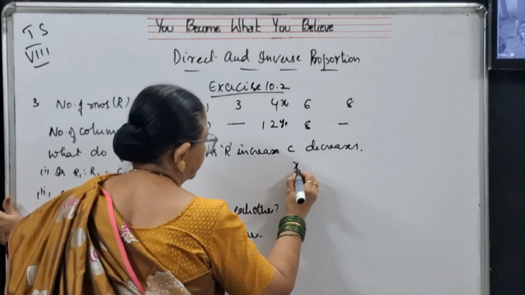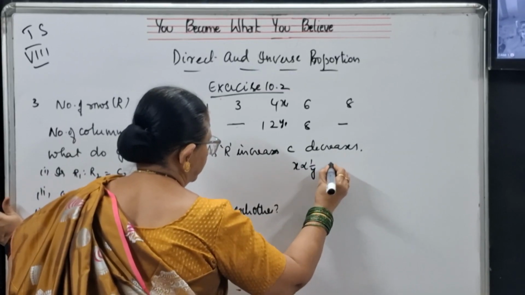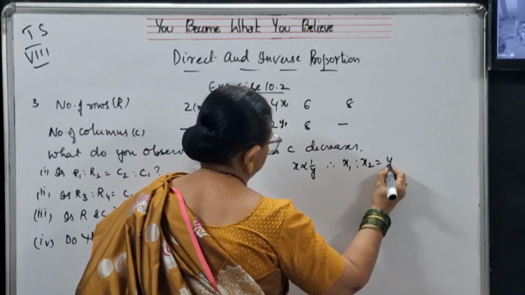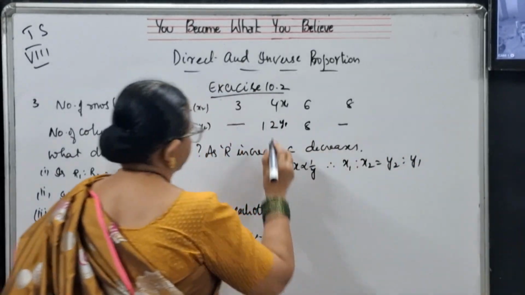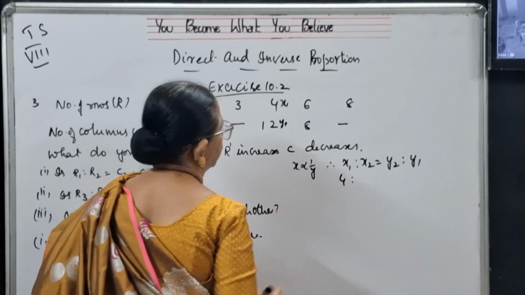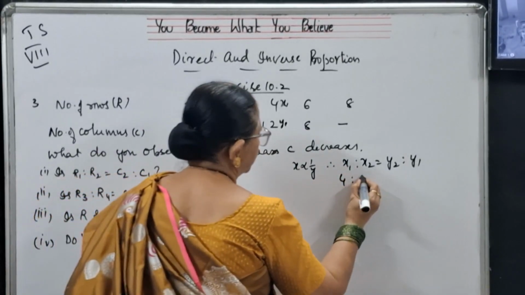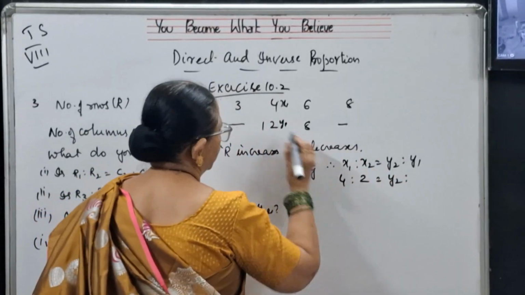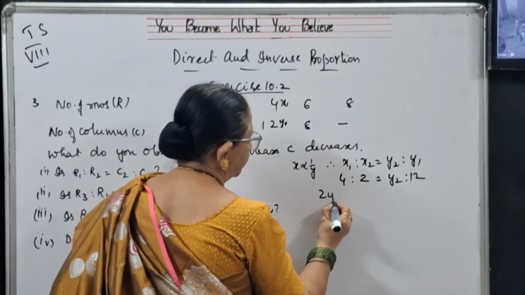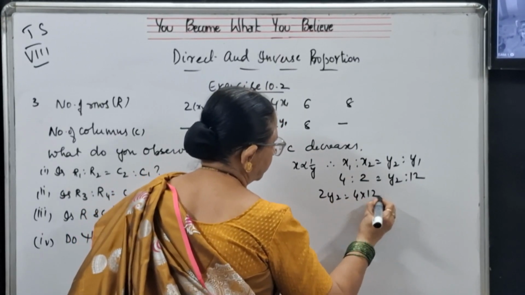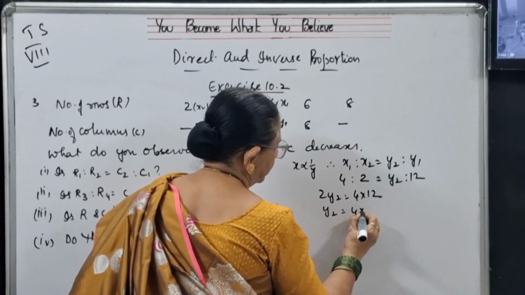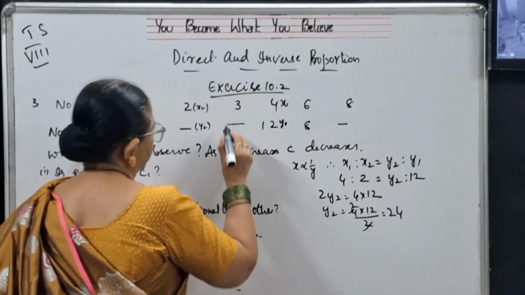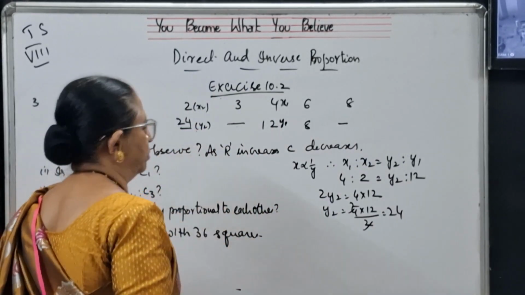We know that x is inversely proportional to y, therefore x1 is to x2 is equal to y2 is to y1. x1 is 4, x2 is 2, is equal to y2, which we don't know, is to y1, 12. That means 2y2 is equal to 4 into 12. y2 is equal to 4 into 12 by 2. 2 ones are 2, 2 twos are 4, 12 twos are 24. So here you are getting 24.